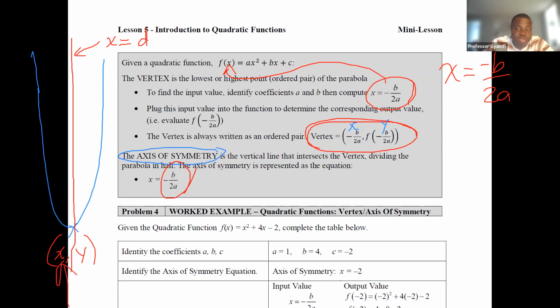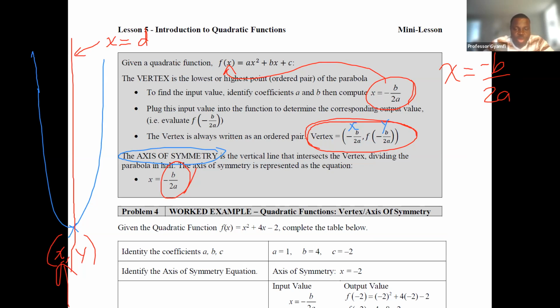So if I find my vertex, finding the equation of the axis of symmetry is so easy, because you don't do much. It's just the x value of the vertex, and that's it. All right.